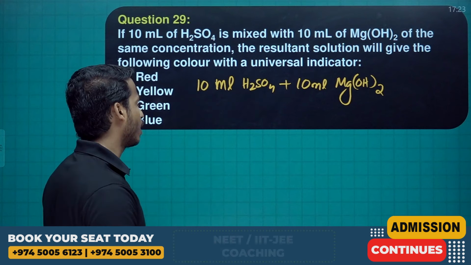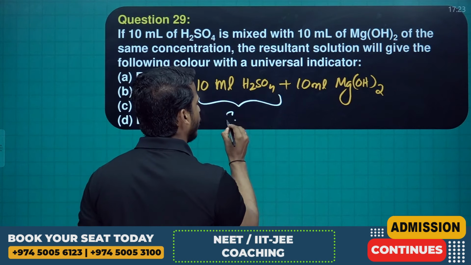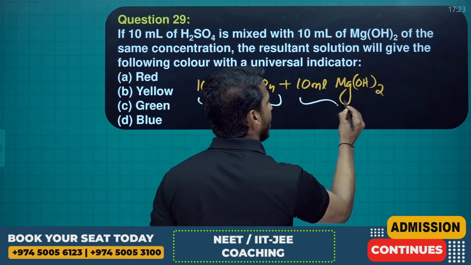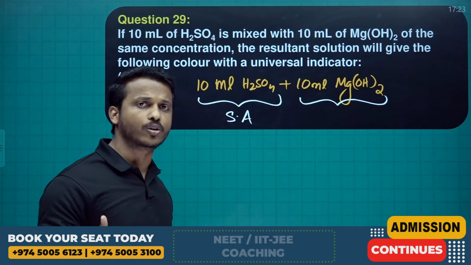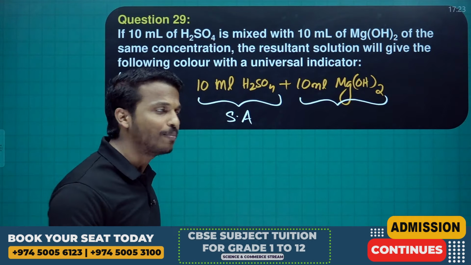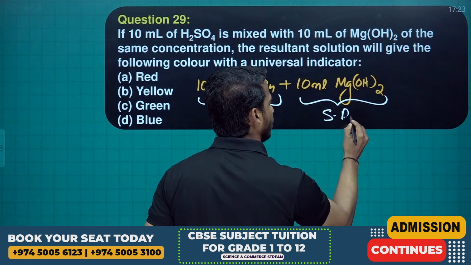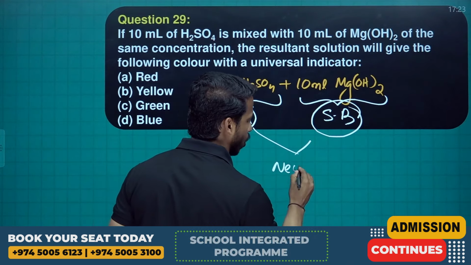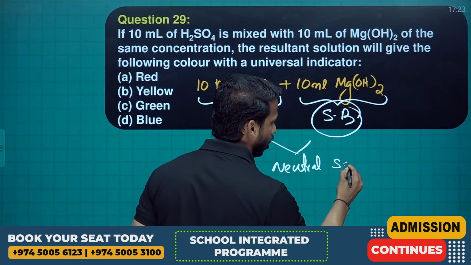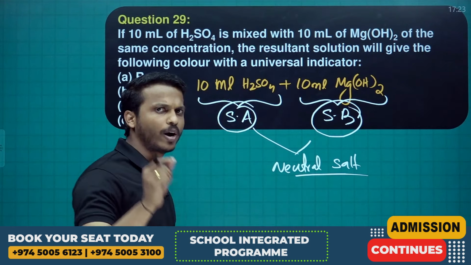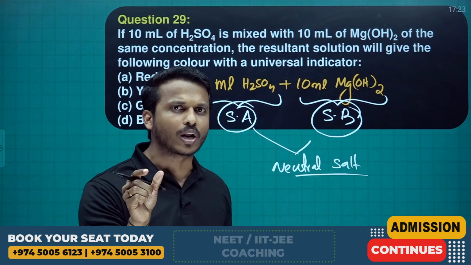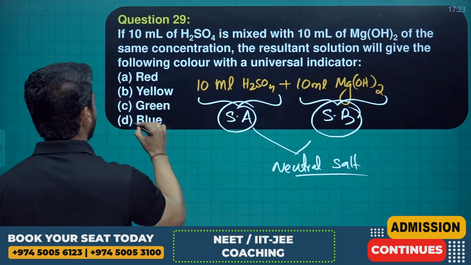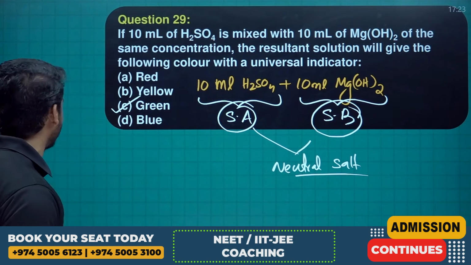Dear all, H2SO4, sulfuric acid, is a strong acid. Magnesium hydroxide, sodium hydroxide, potassium hydroxide, calcium hydroxide, these all are strong bases. A strong acid and strong base will give you a neutral salt, right? Do you remember the color of the pH paper in neutral? That is green color, my dear student. Option C is the correct answer.